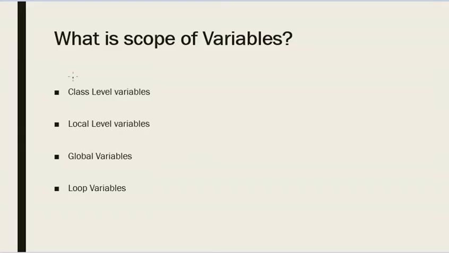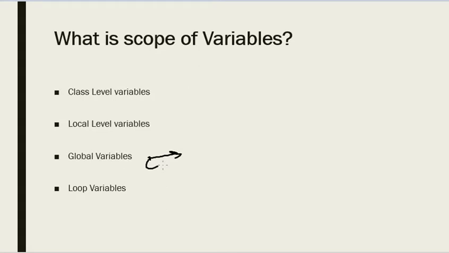default. So what is the scope of the variables? The scope of the variables in C Sharp is like class level scope, local level, global level, loop level scope. These are the four kinds of scope levels of the variables that we have in C Sharp. Global variables are the variables that can be accessed from anywhere, outside the class, and you don't need to instantiate a class for that.